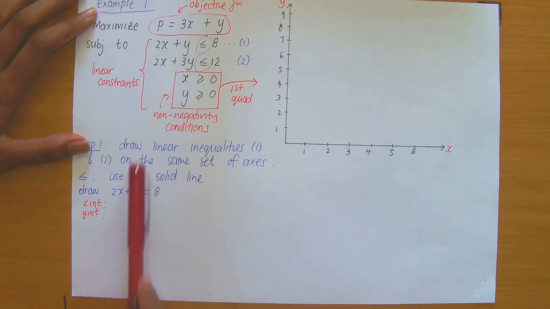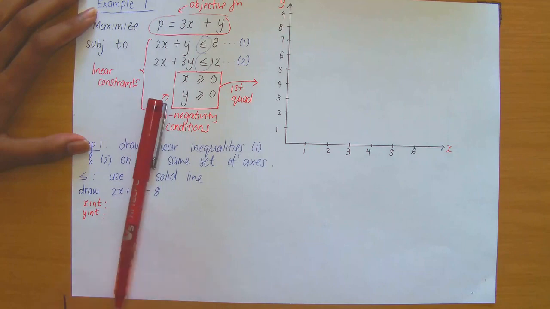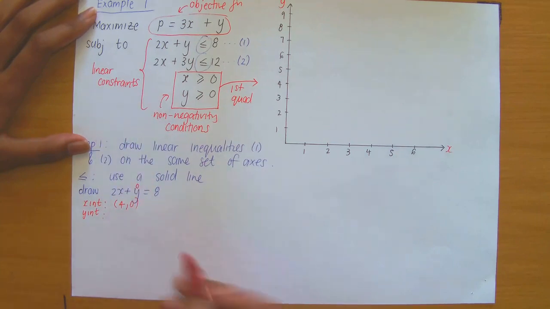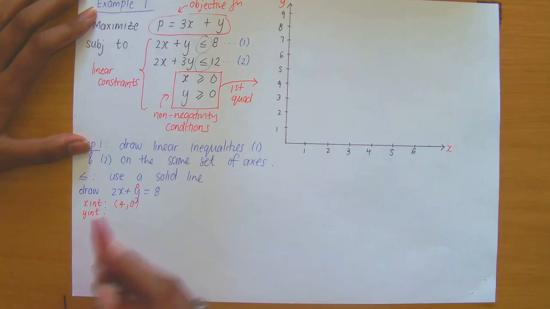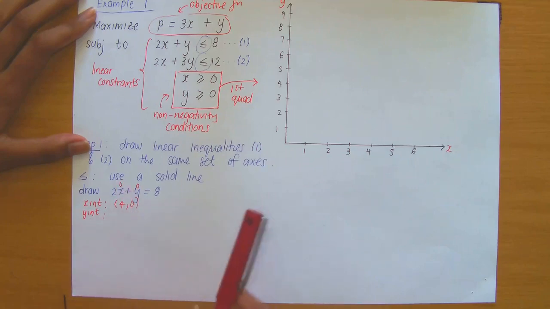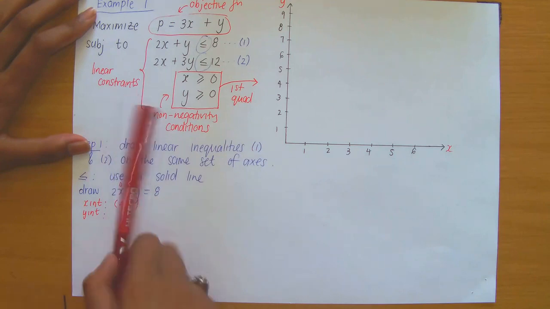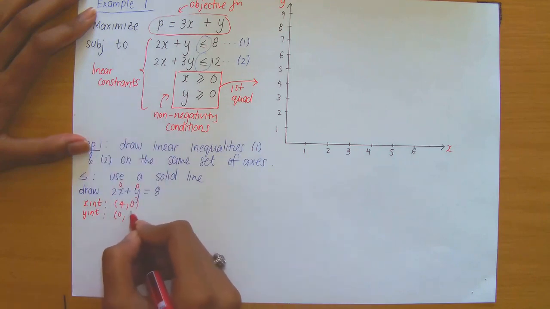So y disappears from that equation, and I have 2x equals 8, which means that x equals 4. So the x-intercept is the coordinate (4, 0). If I want the y-intercept, it means I'm substituting in x equals 0. So the term 2x disappears and I'm left with y equals 8. So I have the coordinate (0, 8).